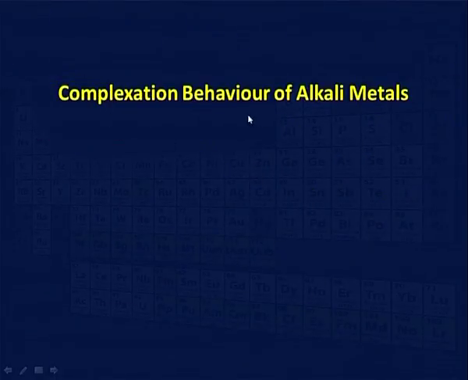Now, the complexation behavior of alkali metals. For complexation behavior, we need appropriate orbitals to accept the pair of electrons from ligands. The d block elements do have them, and they are empty and of appropriate energies, whereas in the case of alkali metals they are not appropriate in energy to accept the lone pair of electrons from these ligands.